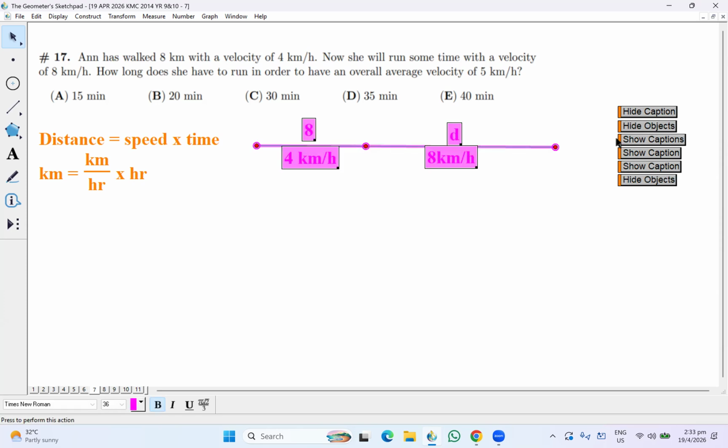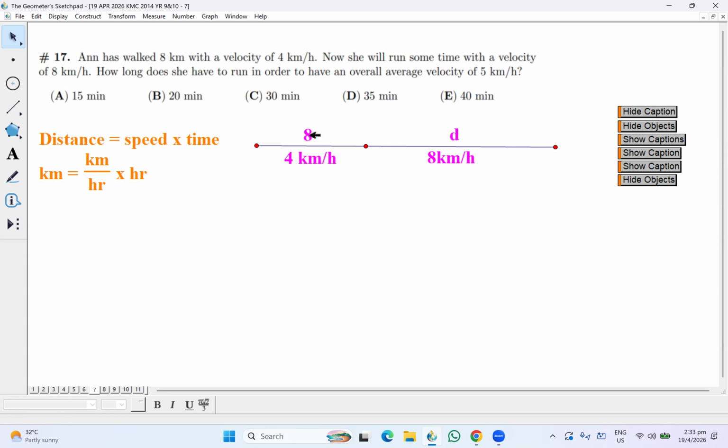The diagram: this one is 8 kilometers, speed is 4 km/h. Here we don't know the distance D, she ran for some time. Don't know what the time is also, but the speed is 8 km/h.